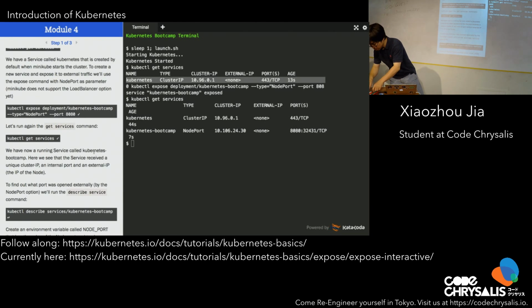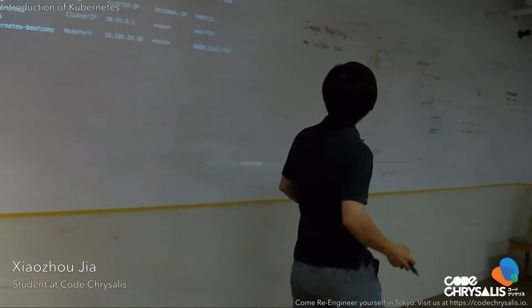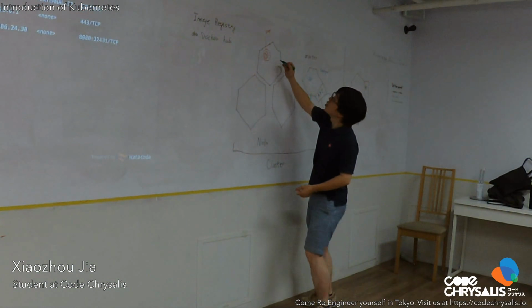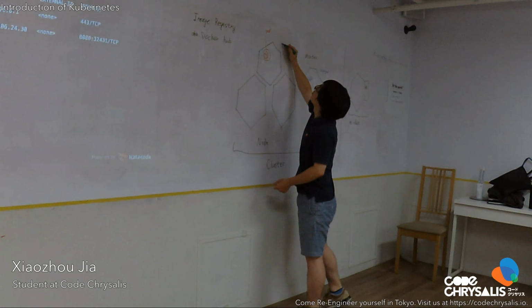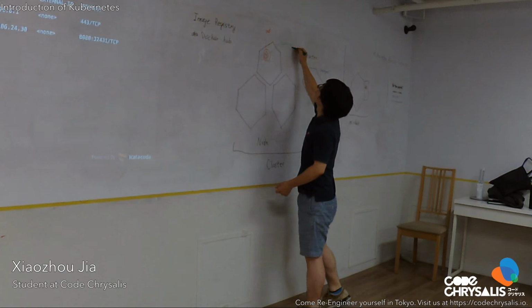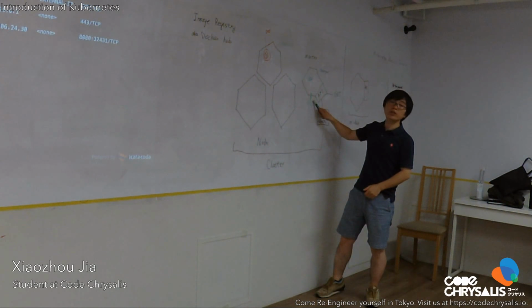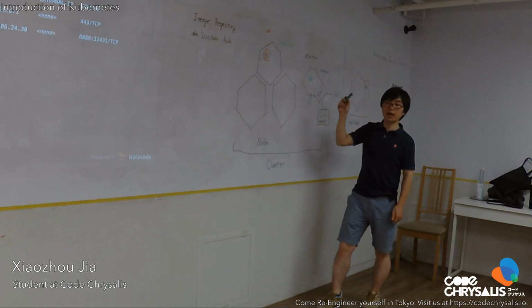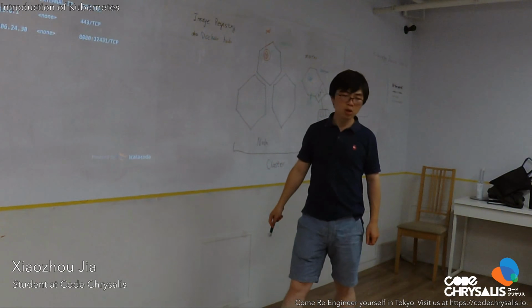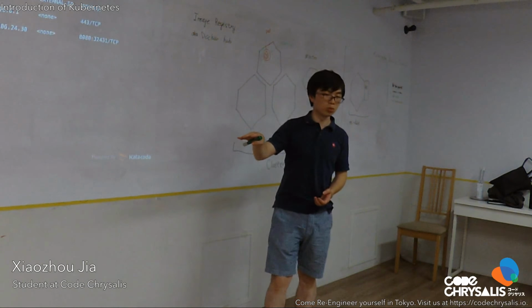So yet another new concept coming up, which is something called service. What is service? Remember, we have to use a proxy to access our application. That's what we did in the second module and the third module. But we want to serve our application to the outer world.